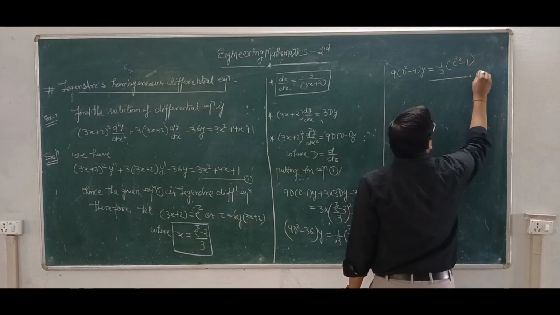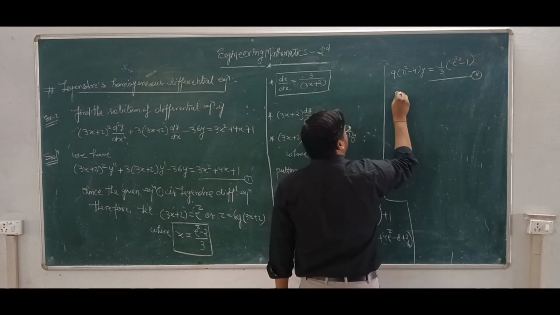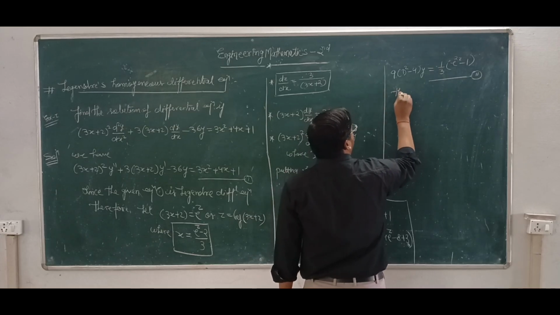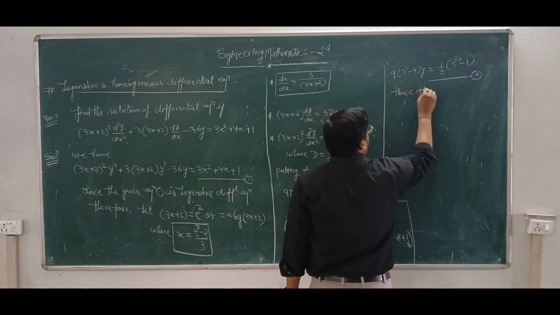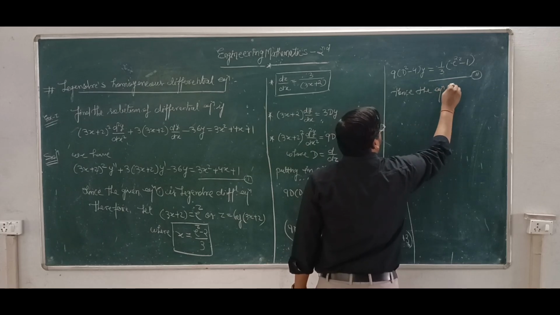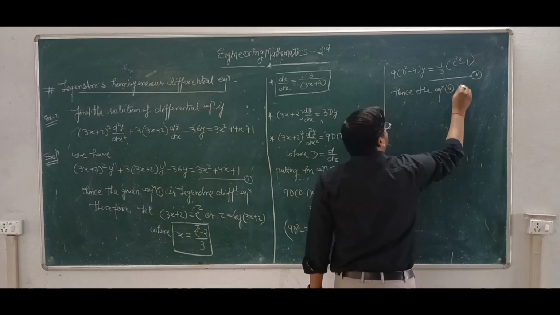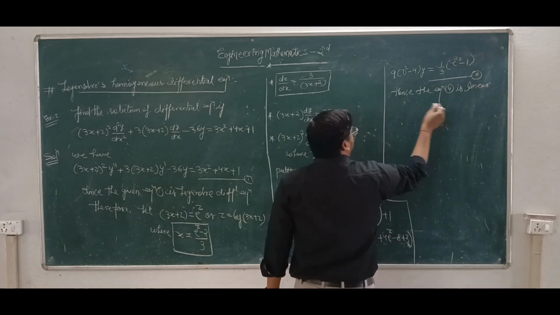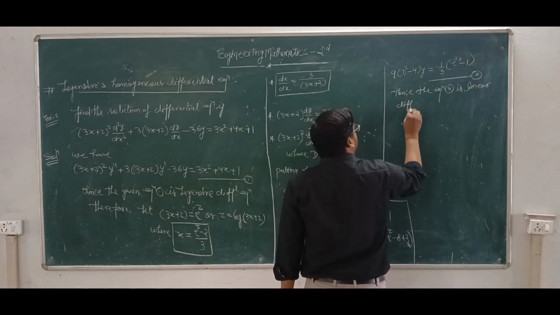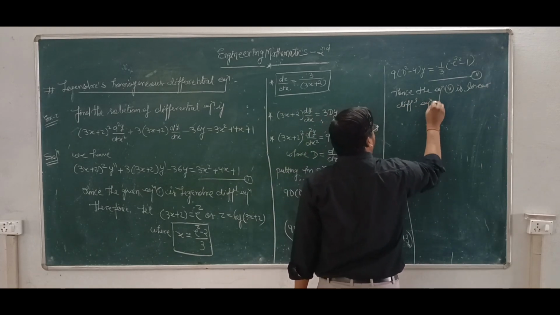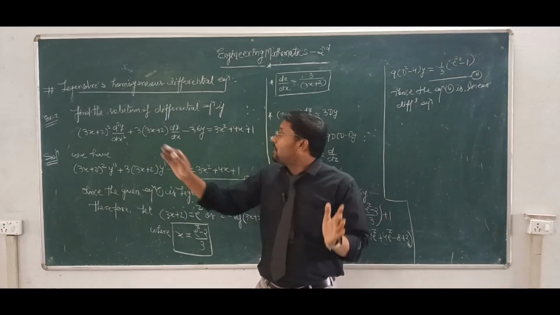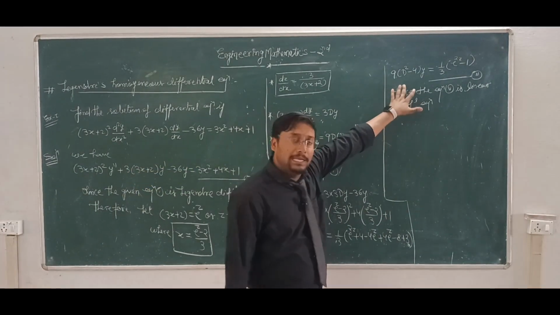This is equation number second. This equation is a linear differential equation. Hence the equation second is linear differential equation. Now I am solving the linear differential equation, converting the Legendre homogeneous differential equation to the linear differential equation.